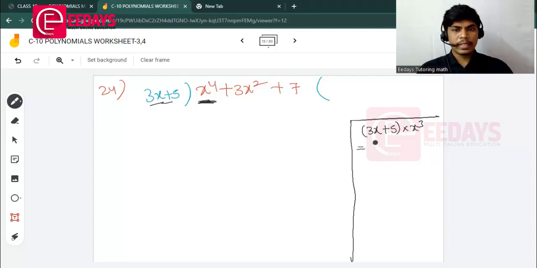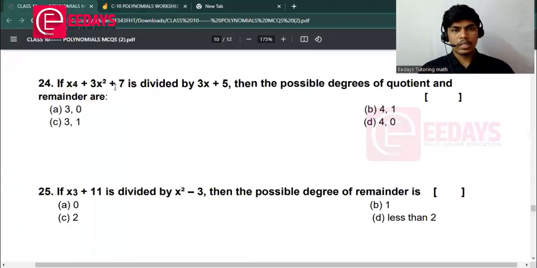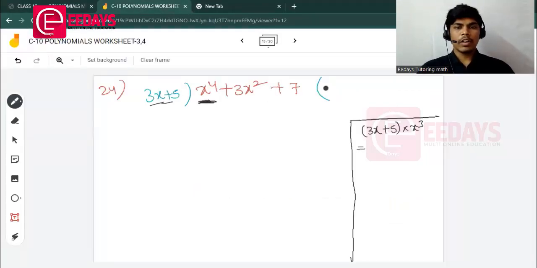If you multiply, we are getting 3x power 4. Whether we have to do the long division method or else. First of all, x power 4 is there, then what can we multiply here? We can multiply x cube, so we get 3x power 4 plus 5x cube. So here the first term of the quotient would be x cube.